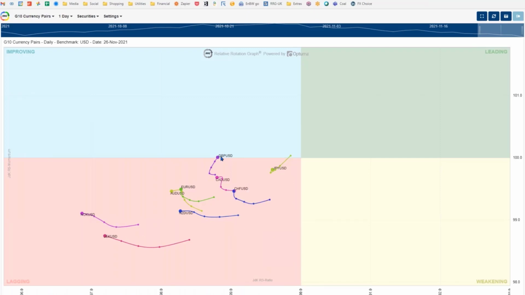But the two notable exceptions here are the yen, which is moving with the dollar, really. It's staying close to the middle here. That means it's correlating, moving with the dollar. That's been a phenomenon that we've seen for a while now. And the GBP is the only one that's heading northeast in direction.